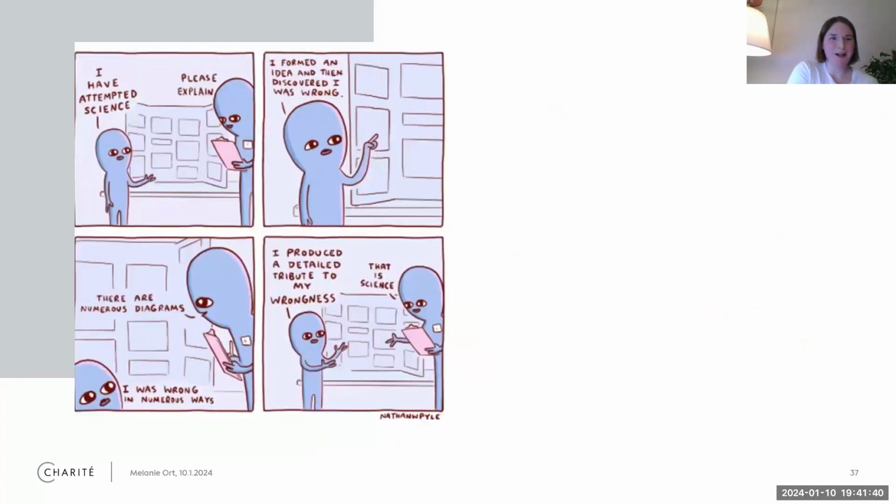About my future and my hopes and dreams, I really feel this comic because I have attempted science, and I had this idea, and I wasn't really wrong, but I really love this comic. Because it says I was wrong in numerous ways, and then this poster reviewer says there are numerous diagrams.